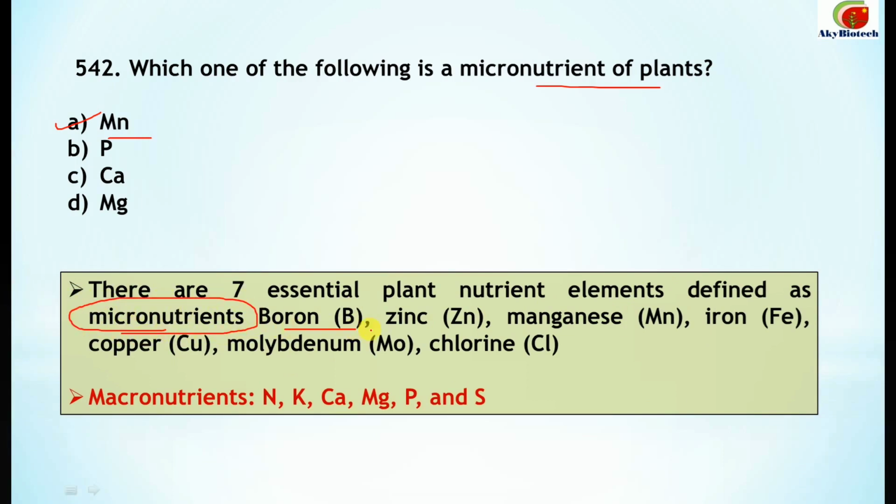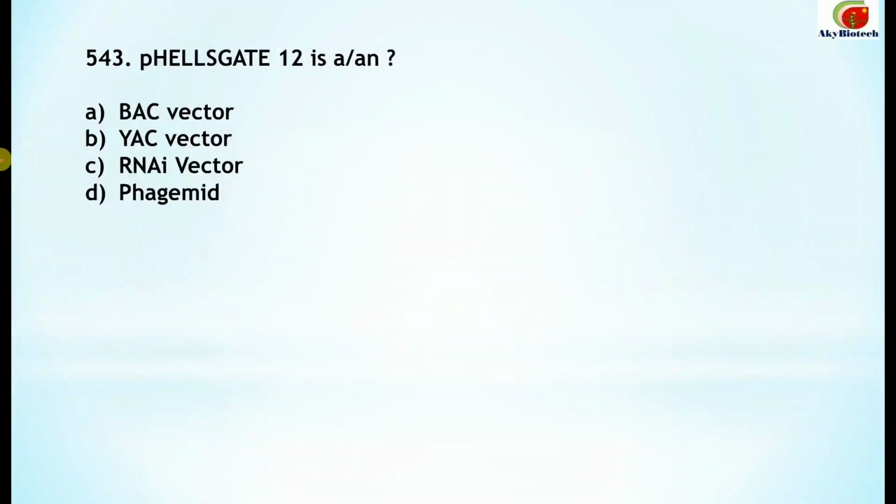They include boron, zinc, manganese, iron, copper, molybdenum and chlorine. The macronutrients include nitrogen, potassium, calcium, magnesium, phosphorus and sulfur.